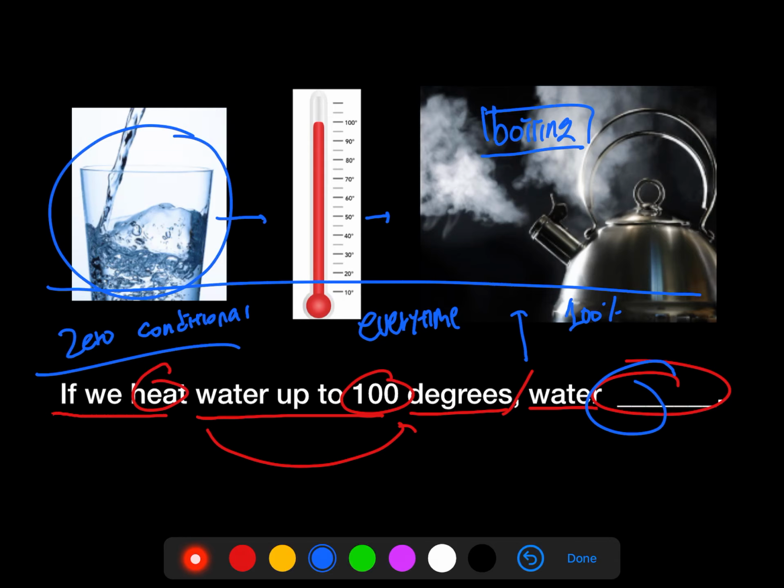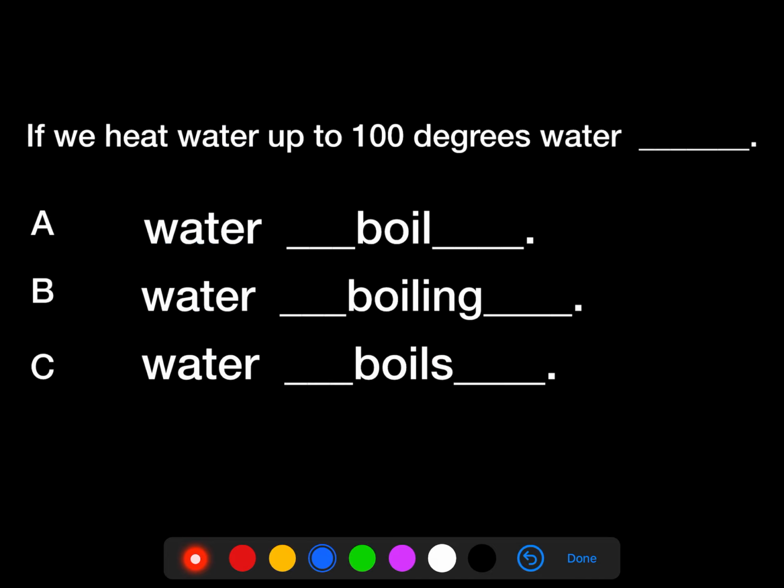Then which one should we fill in this blank? A, water boil. B, water boiling. C, water boils. Which one should we use?